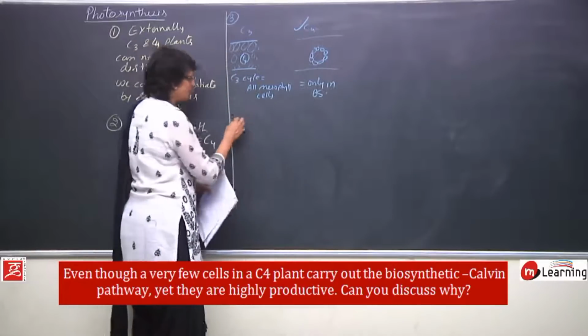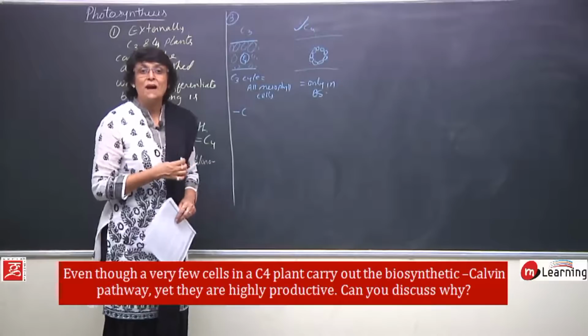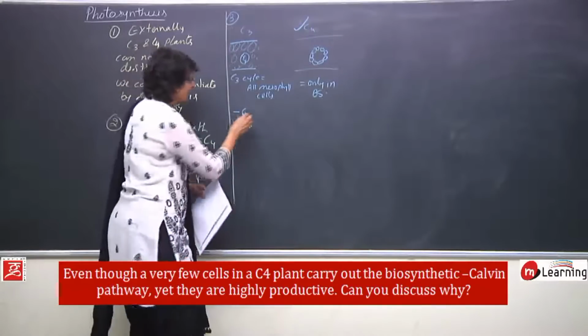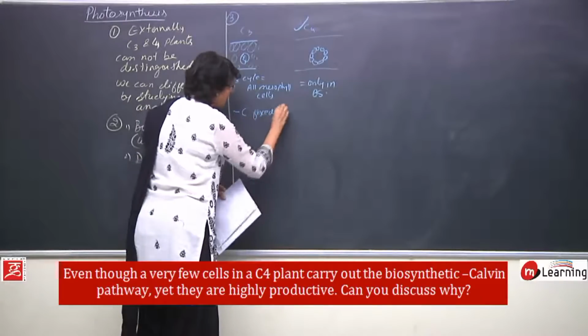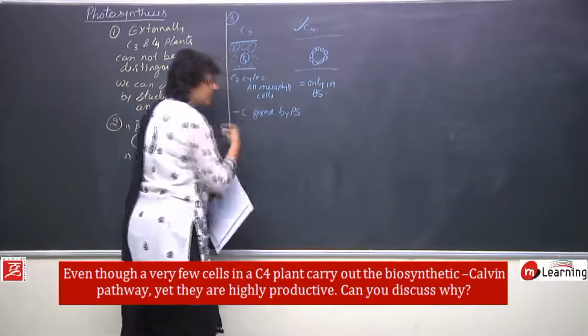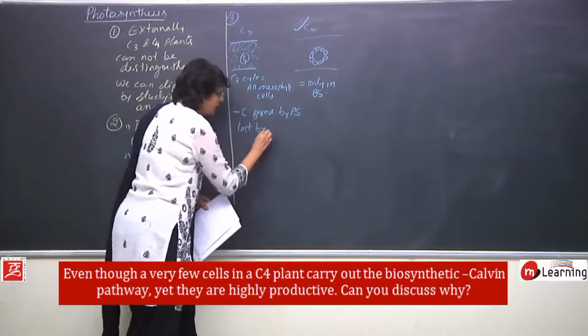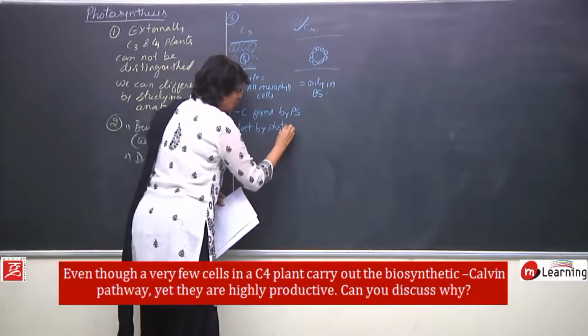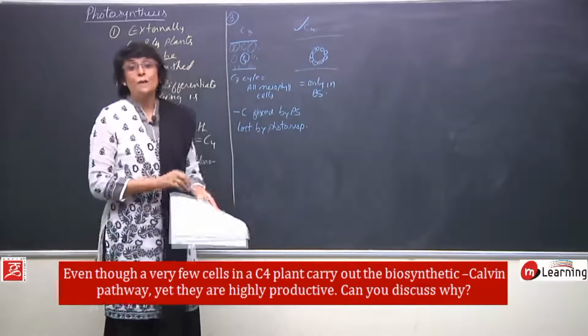So, in case of C3 plants, carbon fixed by photosynthesis is lost by photorespiration. That is why productivity.